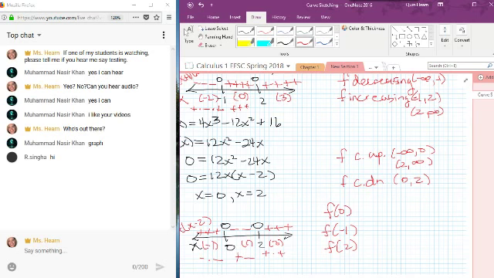So our original function f was f of x equals x to the 4th minus 4x cubed plus 16x. So we're going to just plug into that function.